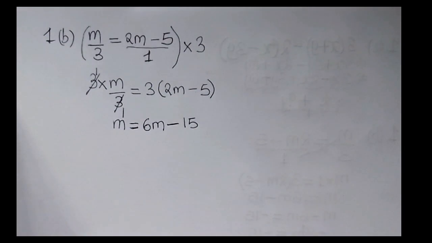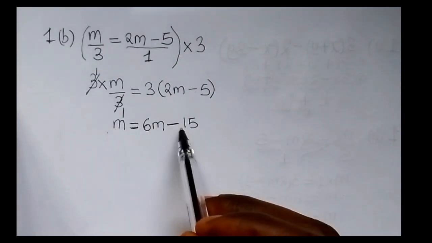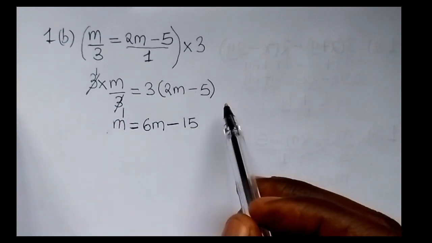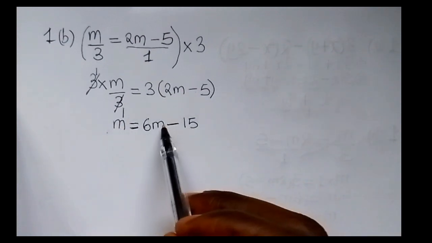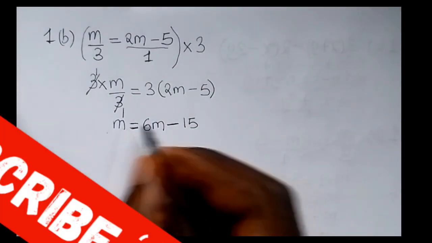So it gives us a similar stage to the one we had in the first method that we used. For this one, instead of moving 6m to the left, I'll move 15 to the left and then move m to the right. Since we want m to work out with 6m, these are like terms.